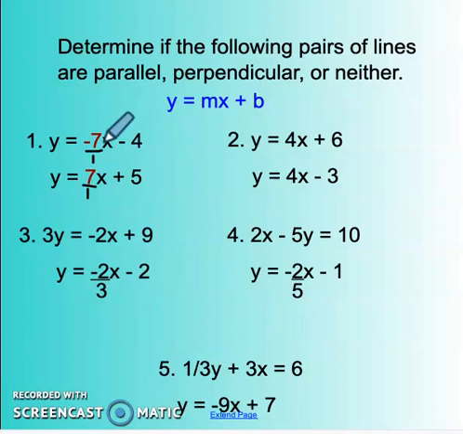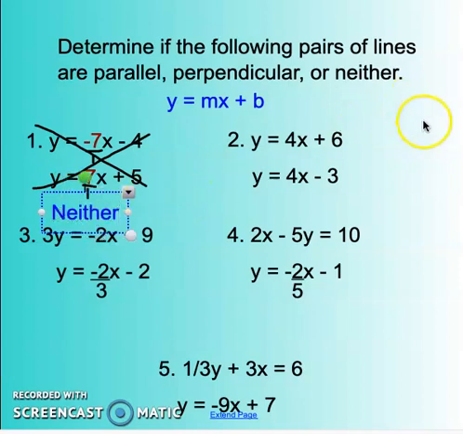They have to be completely opposite of each other. And this one is -7/1 and this one's 7/1. And is that the reciprocal? No. So actually this one is a neither. This one does not fit the category of either one of them. And so I'm going to type in neither and then move on to the next.